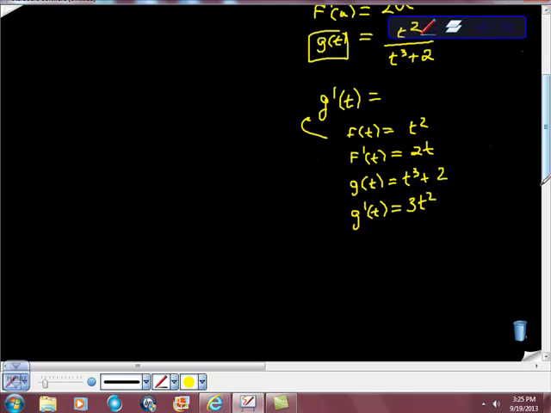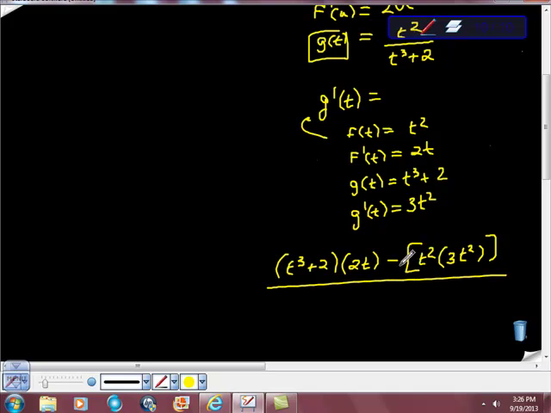So I start to pull all this together, and I'm like, okay, I have g of t, so I have t cubed plus 2. That's the bottom function times the derivative of the top function, which is 2t, minus the top function times the derivative of the bottom function, which is 3t squared, all over the bottom function squared.